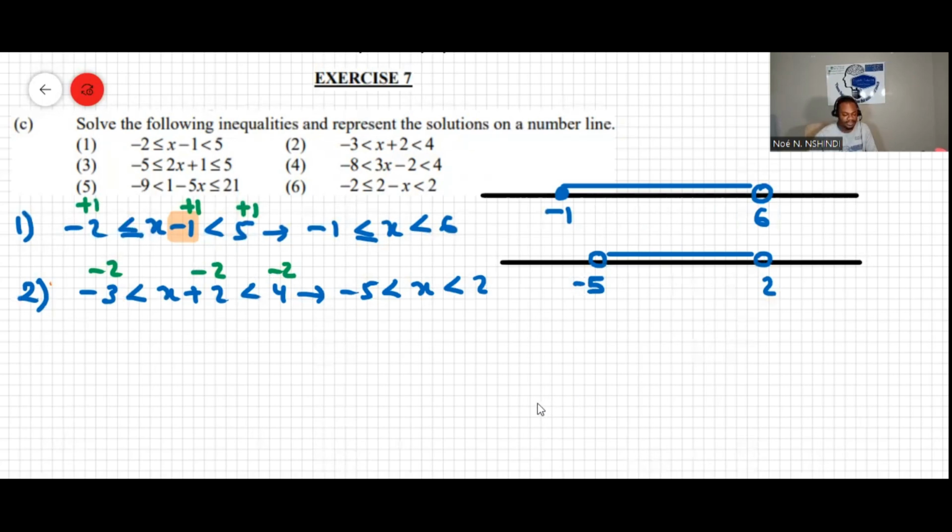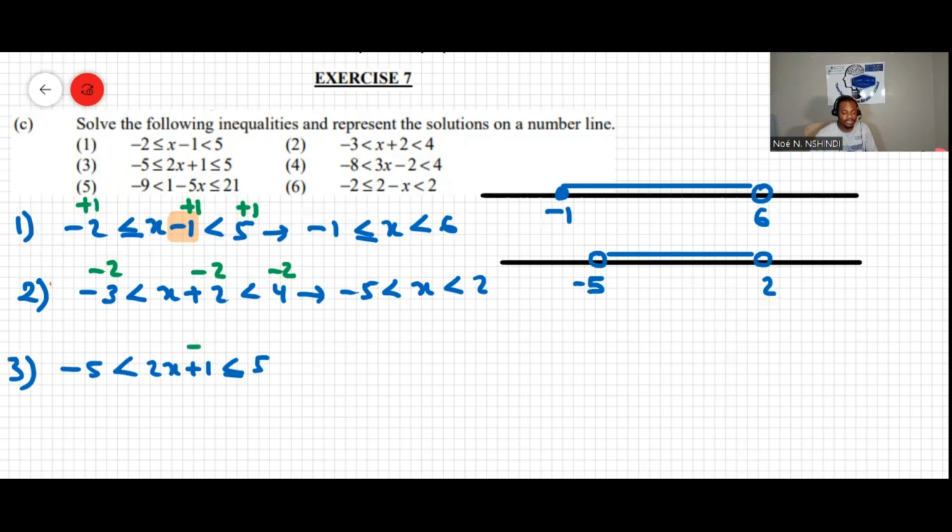And then question 3, we have -5 less than 2x plus 1 less than or equal to 5. Now, I need to have x alone between the inequalities.